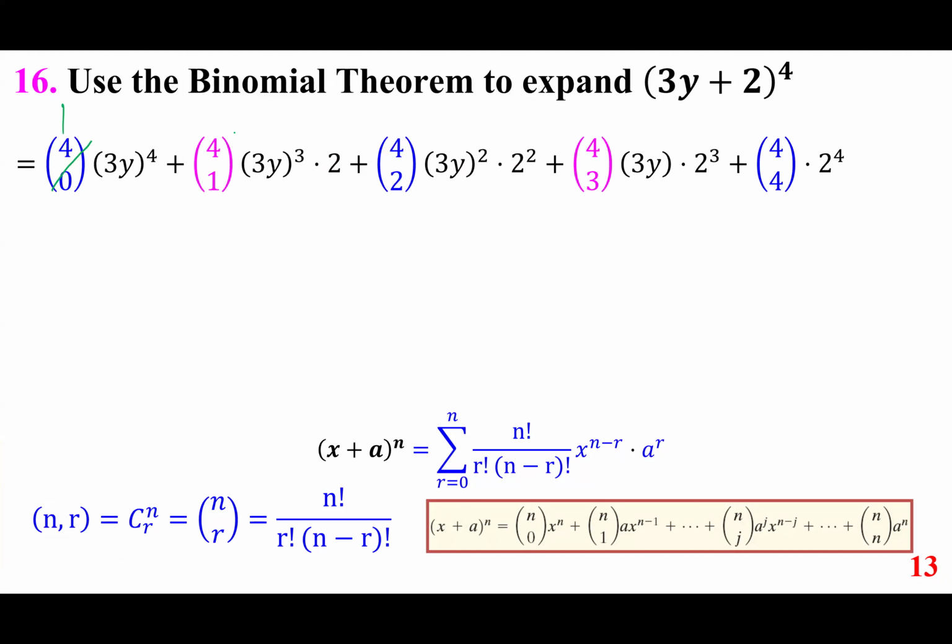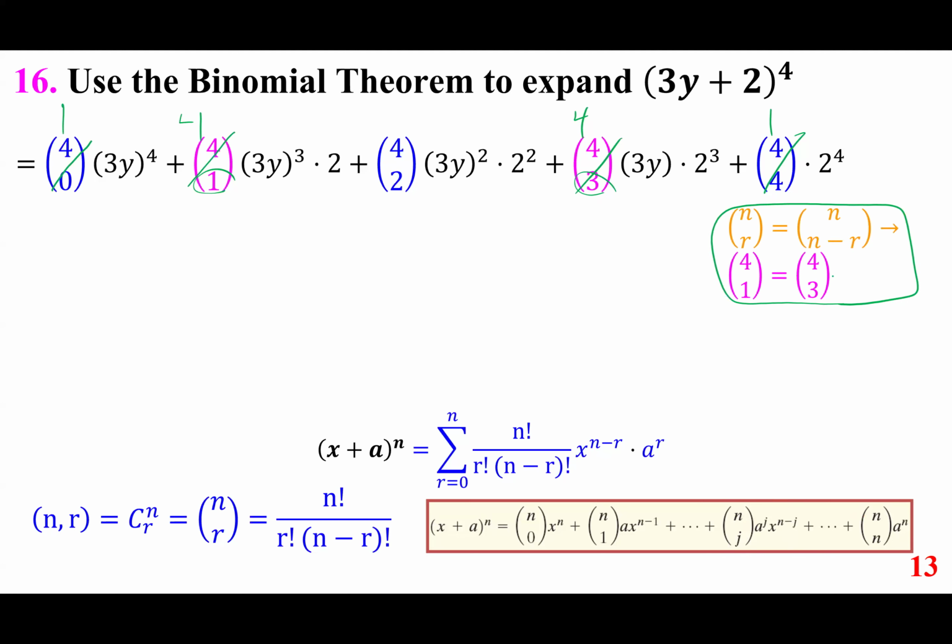This is 1, this is 4, this is 1, this is 4. The reason why: look at this, they add up to n. That's the formula that was mentioned before.